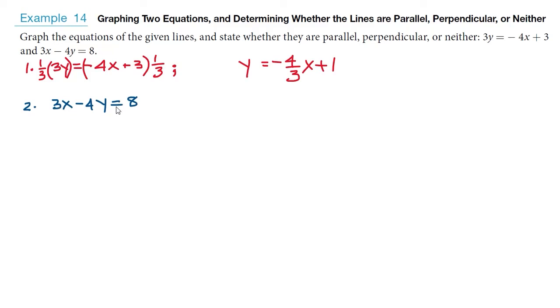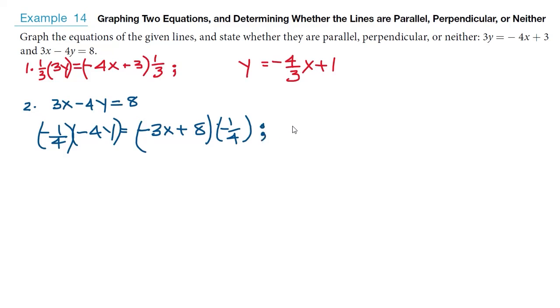I'm going to subtract 3x from both sides, so that's going to give me minus 4y equals negative 3x plus 8. And I'm going to multiply both sides by negative 1/4, and that is going to give me y equals positive 3/4 x subtract 2.